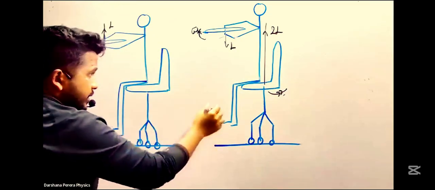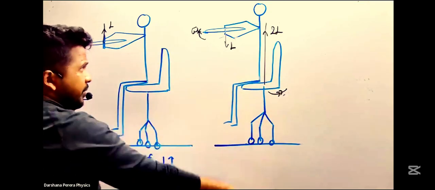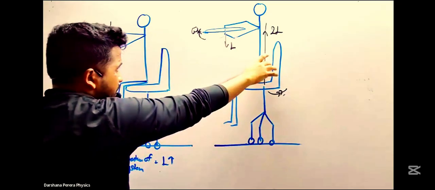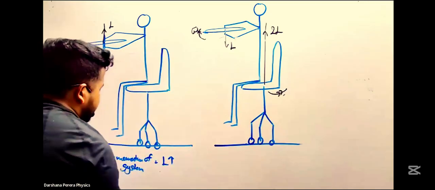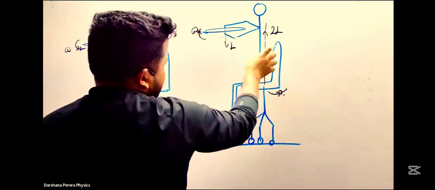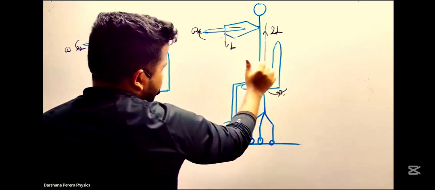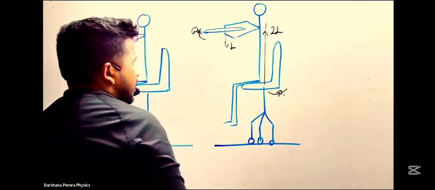Why? The angular momentum of the system should remain. The man has L downwards, and it was L upwards. Therefore, the chair also rotates in this direction with 2L angular momentum.